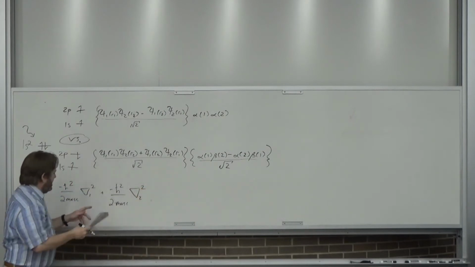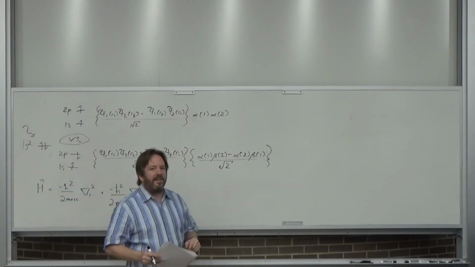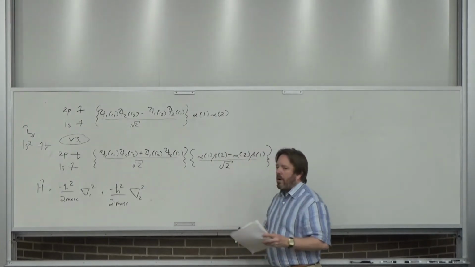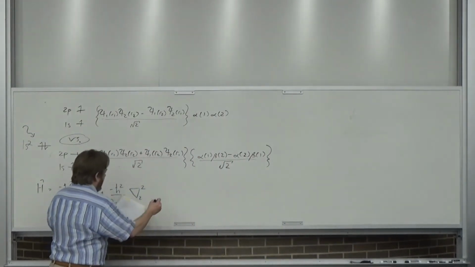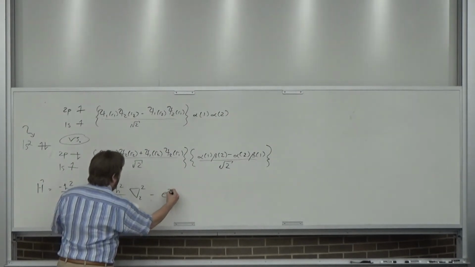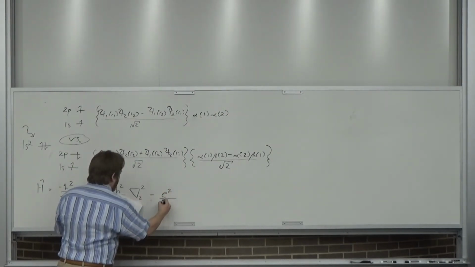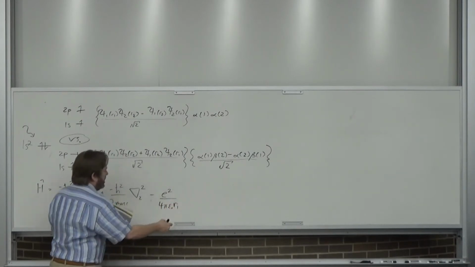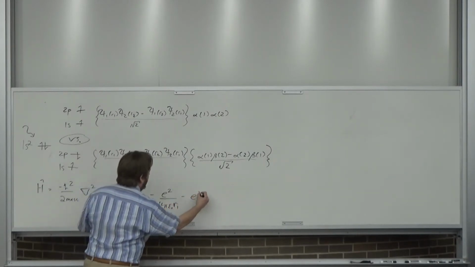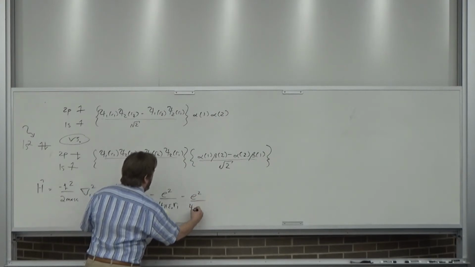You've seen this del thing. I've shown you that before, and that's the kinetic energy. That's all the d/dr and d/dtheta and sine theta d/dtheta, blah, blah, blah. Okay, here is Coulomb's law. I always know that by the 4 pi epsilon naught. That's the first electron interacting with the nucleus. Here's the second electron interacting with the nucleus.